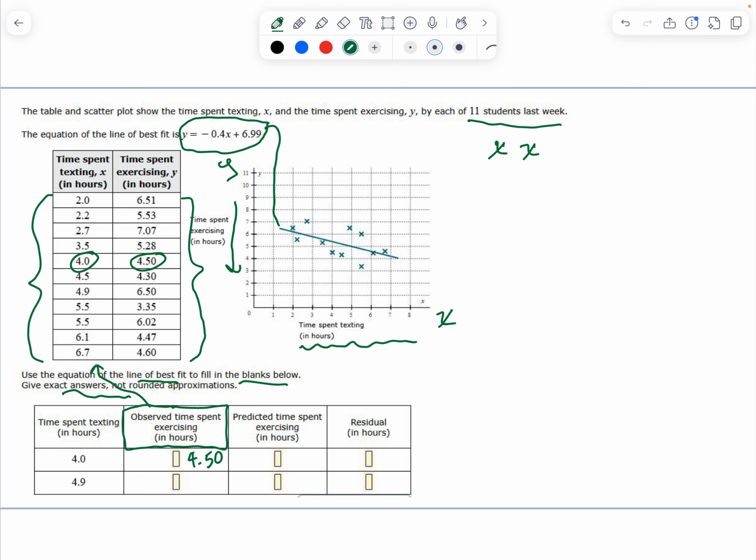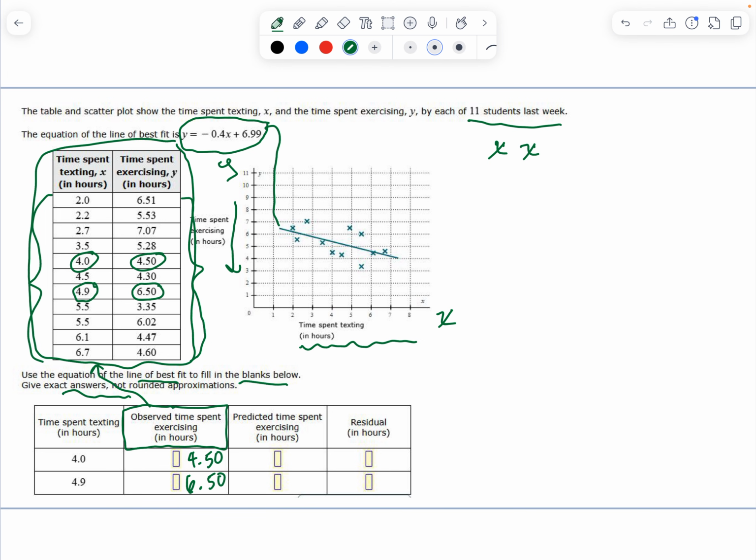And at 4.9 hours, this student exercised 6.50 hours. Those are the observed times. Observed time is like WYSIWYG, what you see is what you get. This is your data that you collected, so we're going to put those right in there.